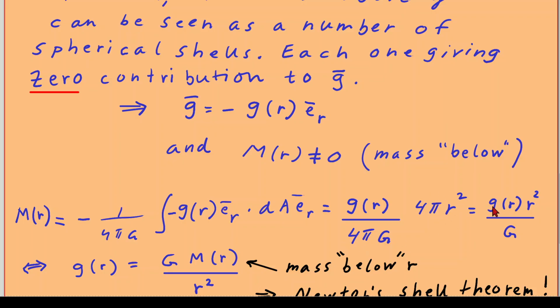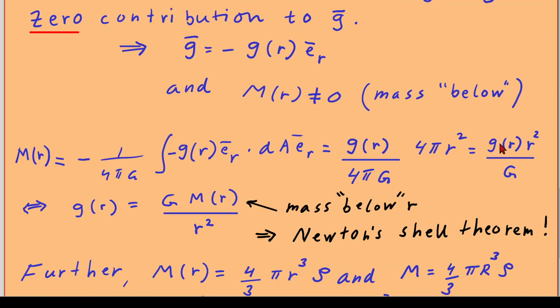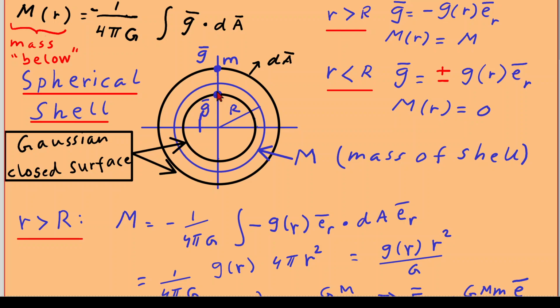So this is the result. The gravitational field strength is G, the gravitational constant, times this mass divided by r squared. And this is the mass below. So you're here, and that's all the mass below you.